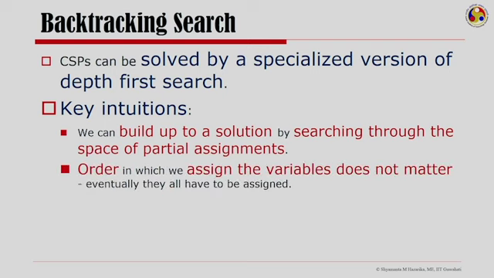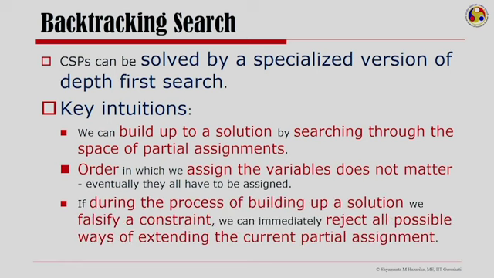The order in which we assign the variables does not matter. Eventually, they all have to be assigned. If during the process of building up a solution, we falsify a constraint, we realize that this cannot be part of the solution. So, we can immediately reject all possible ways of extending the current partial assignment and backtrack.